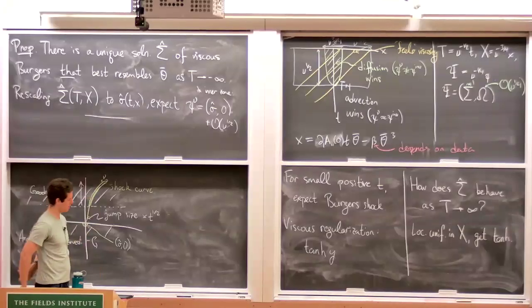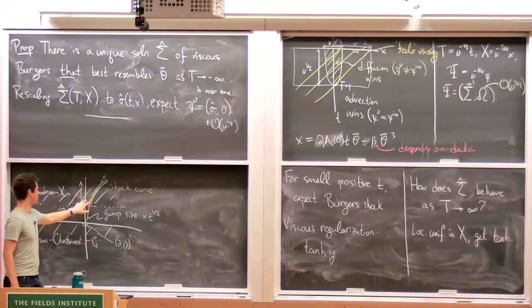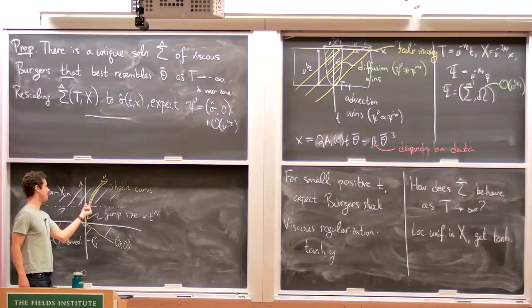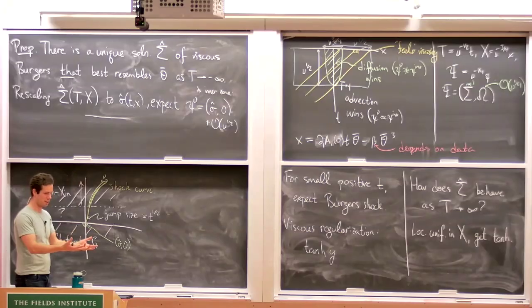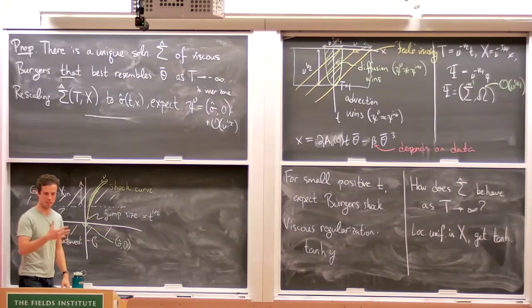I found this very interesting about the theory when I first came to it, because completely naively, if you drop a viscous term into an equation and ask what spatial scale it should act at, you would usually say root nu. That's what traditional dimensional analysis would tell you.